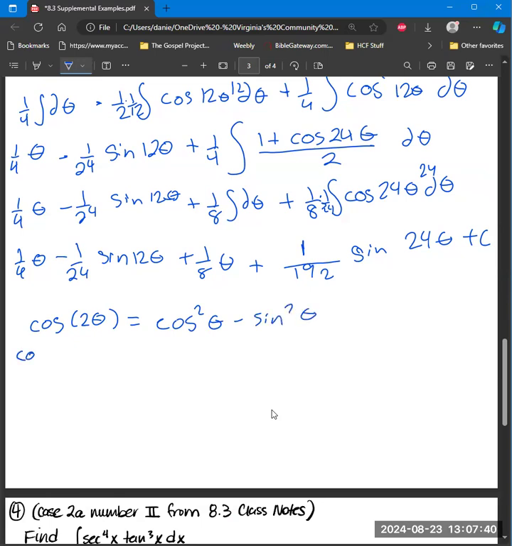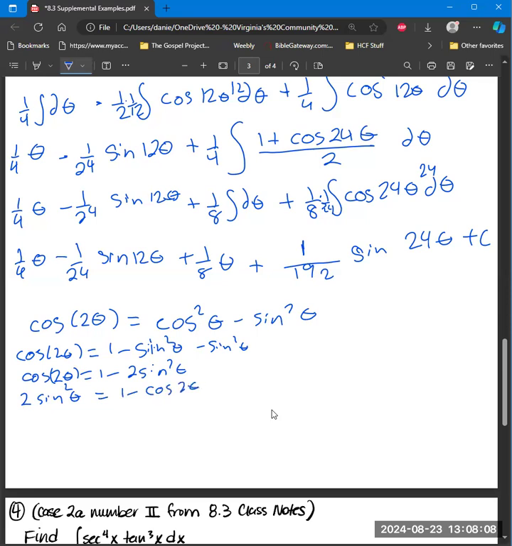And so that would make cosine of 2 theta equal to, replace cosine squared with 1 minus sine squared, minus sine squared, which is 1 minus 2 sine squared theta. Switch sides here: 2 sine squared theta is equal to 1 minus cosine of 2 theta. Divide by 2. Sine squared theta is equal to 1 minus cosine of 2 theta over 2.